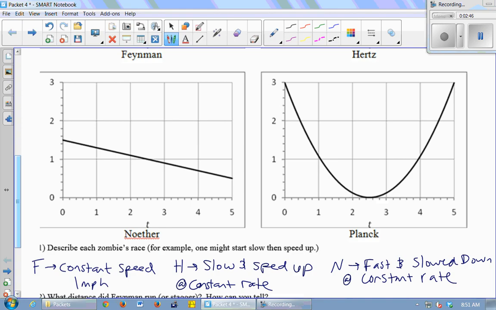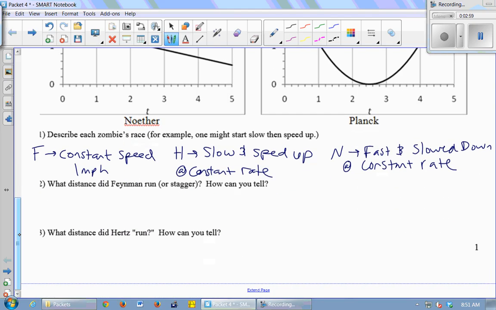Slowed down until he reached a dead stop after 2.5 hours, and then sped back up. So Planck started fast, slowed down to a stop, and then sped back up. Good.